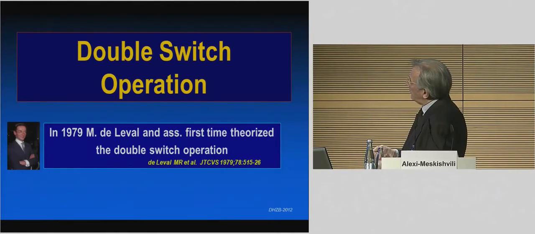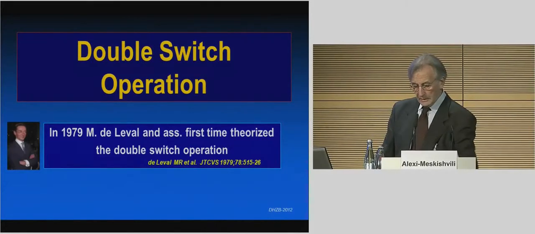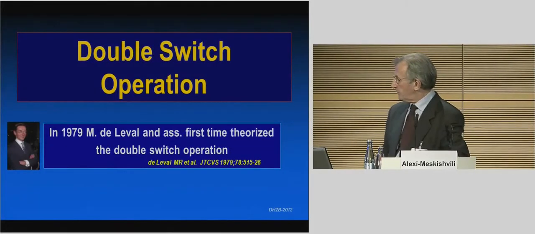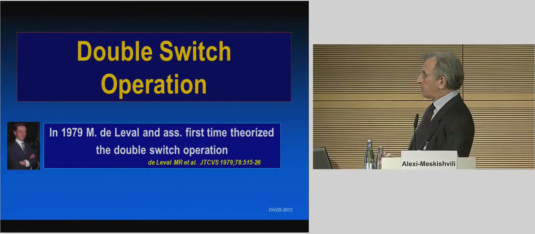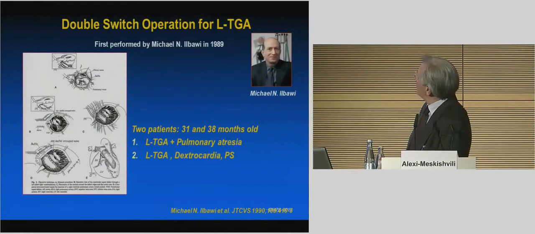Interestingly, Marc Delaval, when he published his paper about VSD closure in L-TGA, first discussed the possibility of a double switch operation at the end of his discussion. It's a very short part of that discussion, but he was the first to propose this idea. And the double switch operation was first performed by Ilbawi.